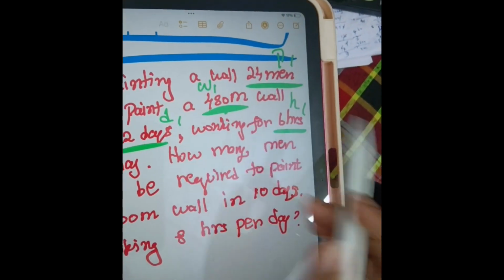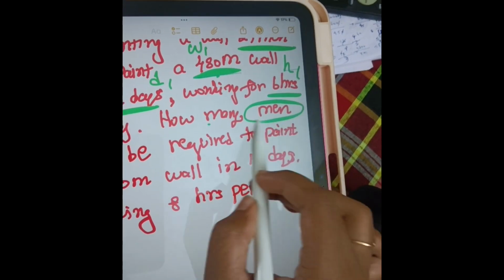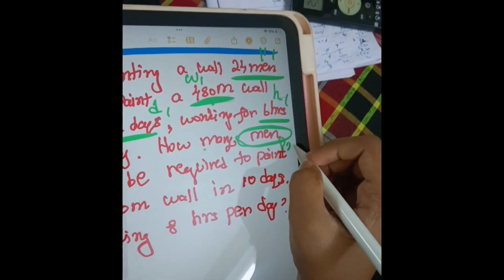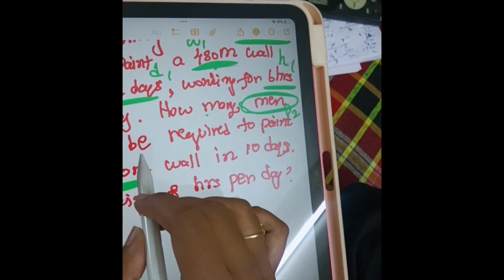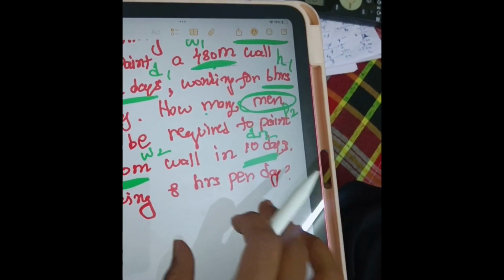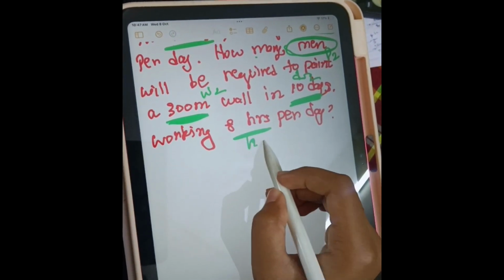In the next part of the question they have asked how many men. You have to find this. Men is what I called P, person, so it is P2 that will be required to paint 300, which is W2, in how many days. They have given D as 10 days, and the hours are H2.